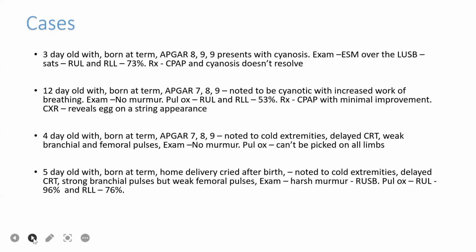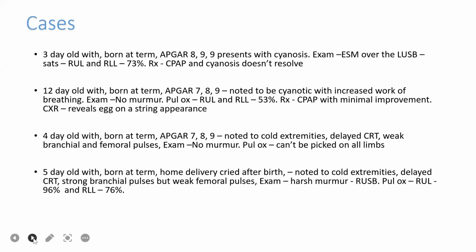This child is put on continuous positive airway pressure, CPAP, but the cyanosis does not improve. Another patient: 12-day-old, born at term, scores 7, 8, and 9, but noted to be cyanotic with increased work of breathing. On examination, there's no murmur. Pulse oximeter, right upper limb and right lower limb, 53%. Again, put on CPAP with minimal improvement. A chest X-ray is done, and you see an egg-on-a-string appearance. So what could this be?